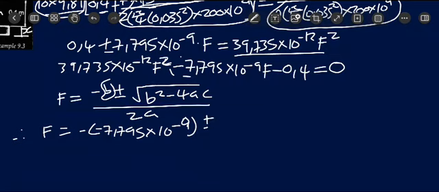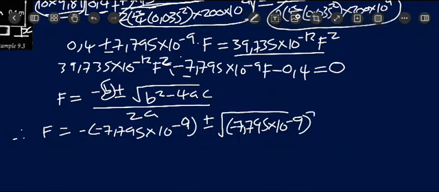We have plus or minus the square root again. b is minus 7.795 times 10 to the power of minus 9, squared.